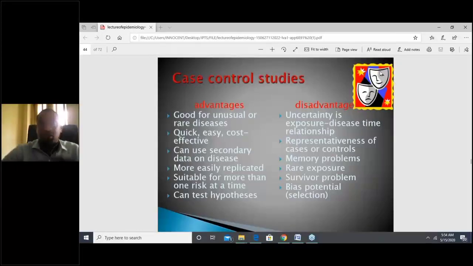If they're talking about a disease condition being prevalent in a place, and the person is the past governor, past leader, or past medical director of the place, he may want to influence the data. He may say, why is it our people that are having this kind of disease? So there is a likelihood that data can be biased, especially in selection when it comes to this kind of study.